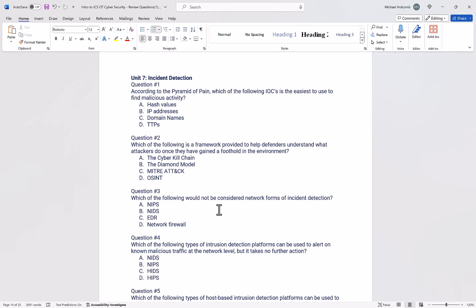So again, in OT environments, we want to use detection, not prevention. Because with prevention, you could potentially block needed, required traffic, and that could introduce some type of availability issue and potentially a safety issue. But yeah, so question 4 is A. That's the one we want to use in OT environments.